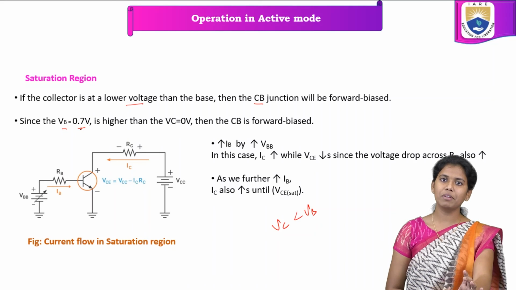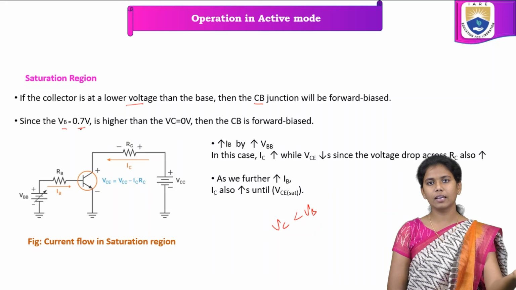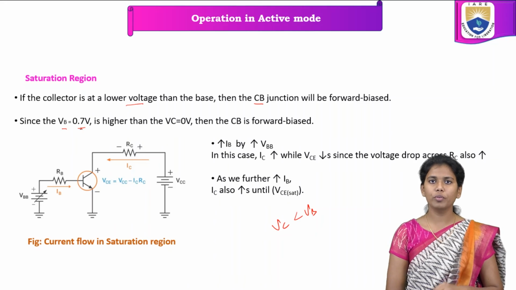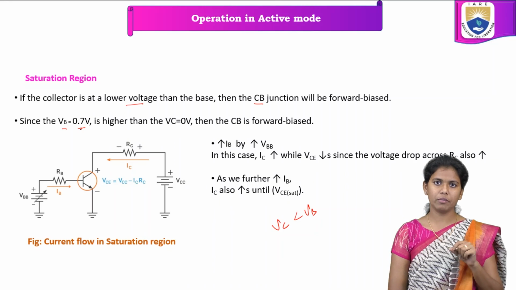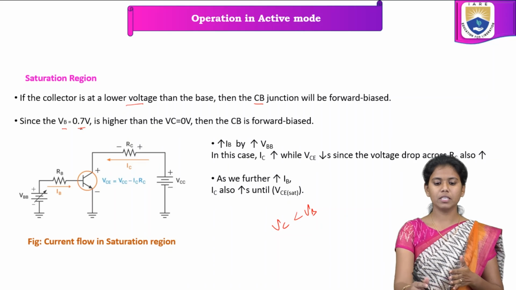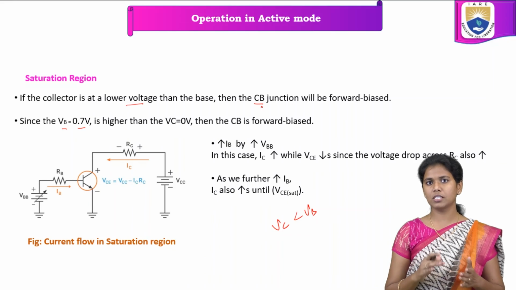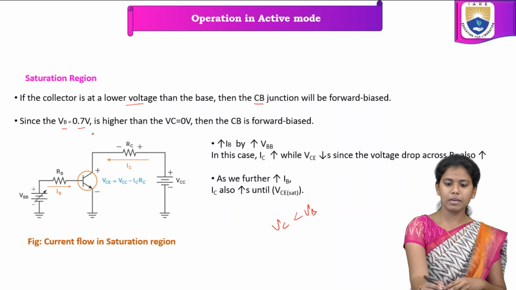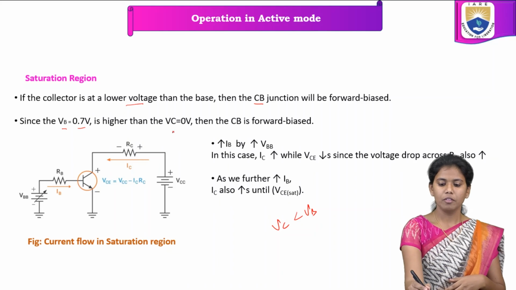The same thing we observed when the transistor acts in the active mode region, where the collector-base junction could go to 0.7 volts or higher. The same thing happens here in the saturation mode. The collector-base junction is in forward bias since VB is 0.7 volts or higher, and then VC becomes 0.